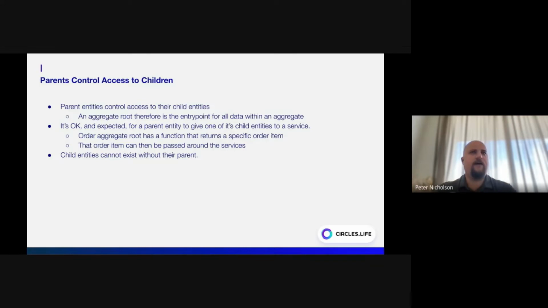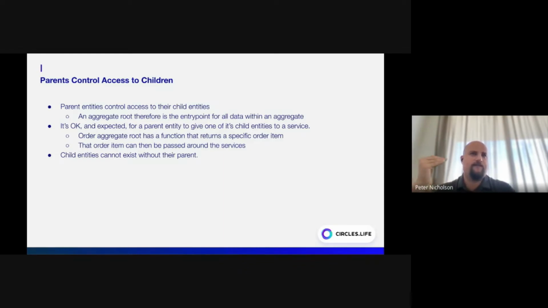If I have some customer object in a payment service, and the customer object has a wallet containing their different cards, I can ask the customer object, hey, give me the preferred payment method, the preferred card, and get a card object back, and then pass that through whatever services I want.